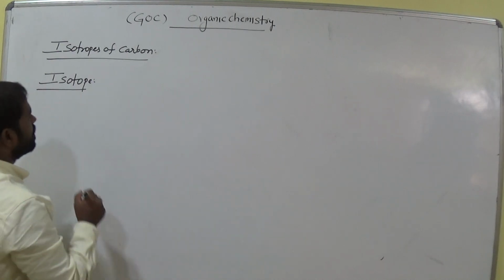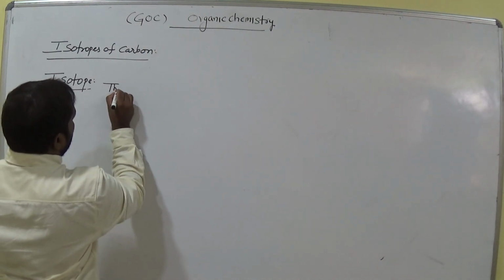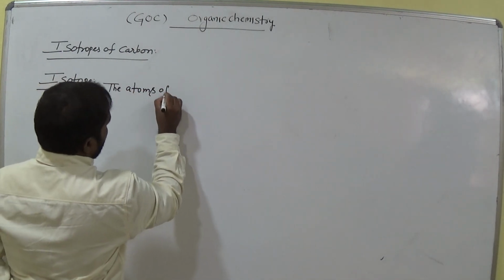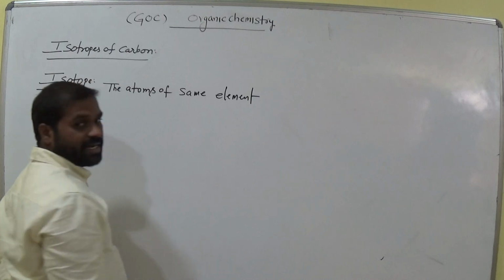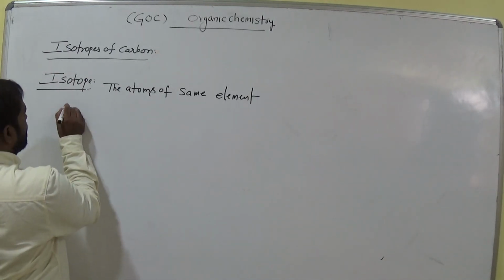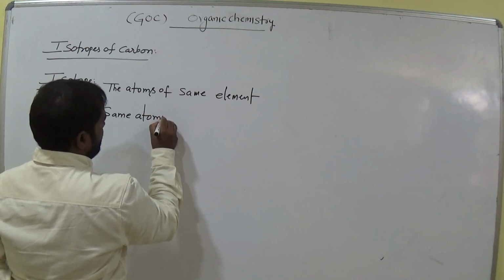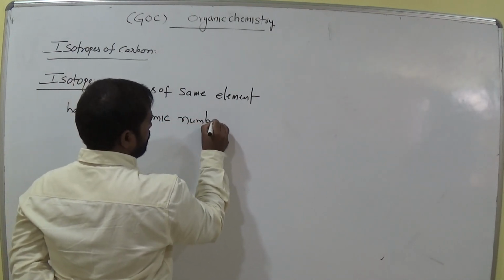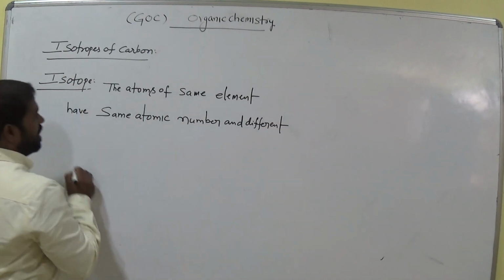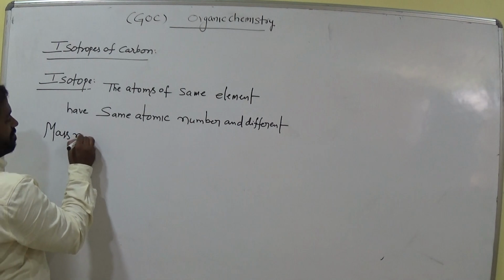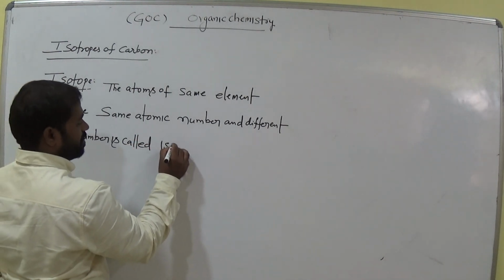Isotope means the atoms of the same element having the same atomic number and different mass number are called isotopes.